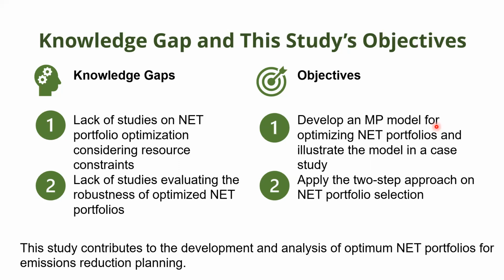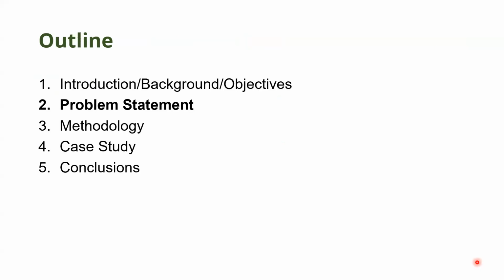And to illustrate the model in a case study, the second objective is to apply the two-step approach, the generation of optimal and suboptimal solutions, then robustness checking, on NET portfolio selection. So this study contributes to the development and analysis of optimum NET portfolios for emissions reduction planning.